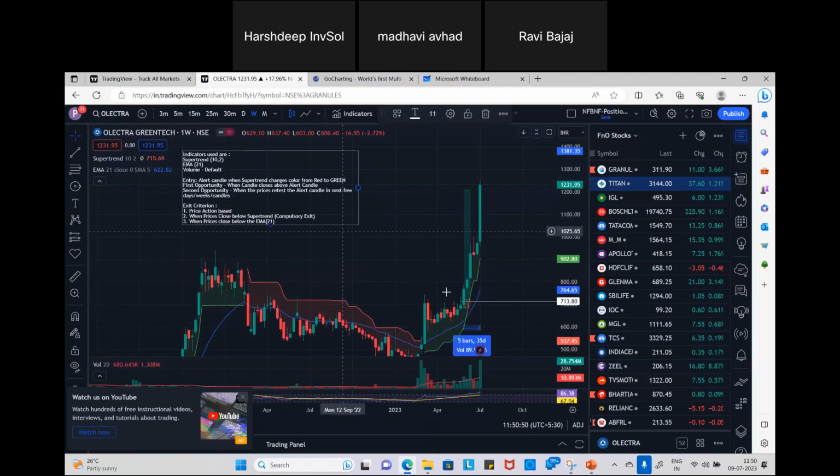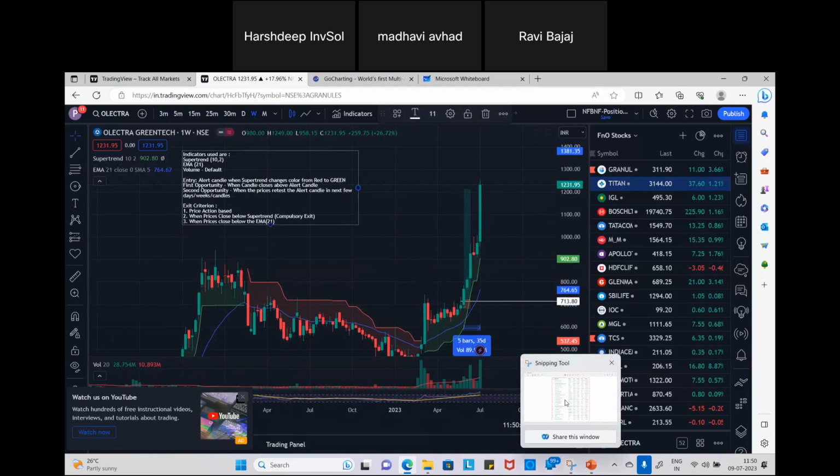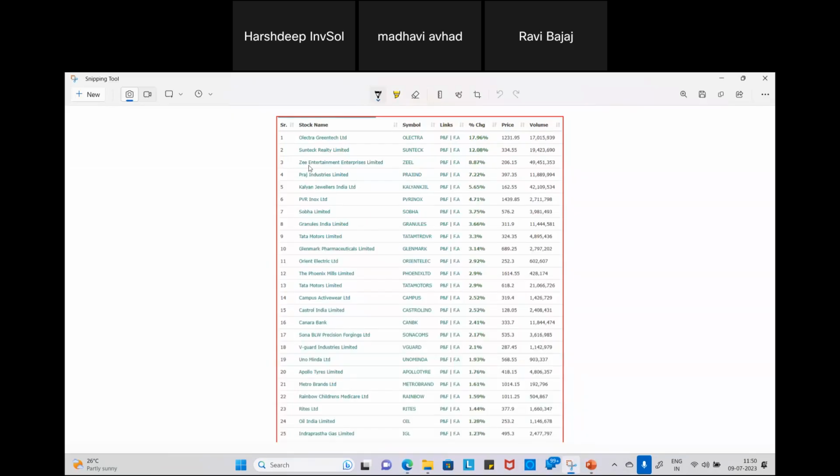What I mean is, these stocks, this Tata Motors stock, then this PVR Inox, then what else, Canara Bank, then Tata Motors DVR.